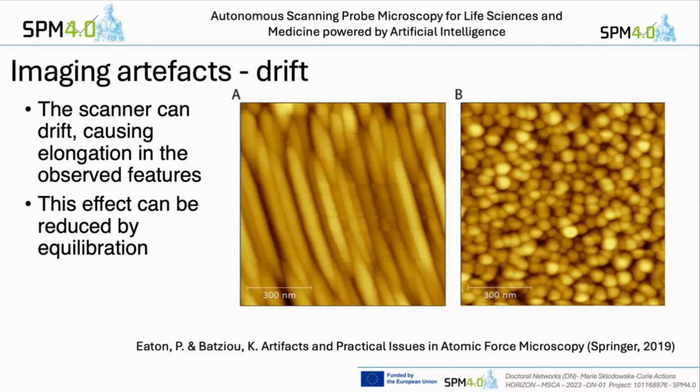Because if you just got this and that's all you're seeing, you would think that is what your sample looks like. You've got to be really careful you don't get tricked by an image artifact into thinking that's actually what your sample looks like, and then go and publish that, when in actuality it is more like that. So this is one of the big things that comes up quite regularly: drift.